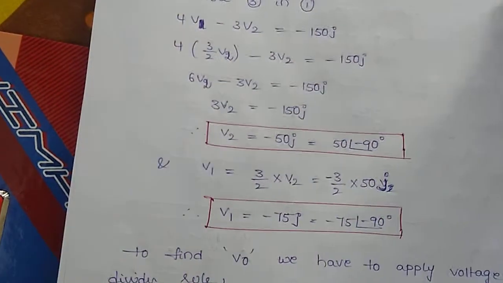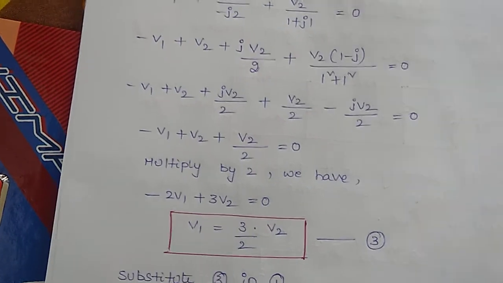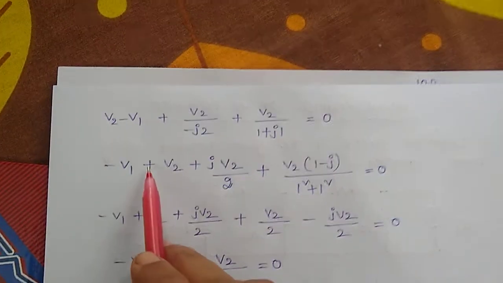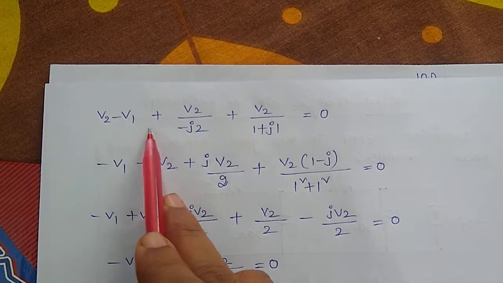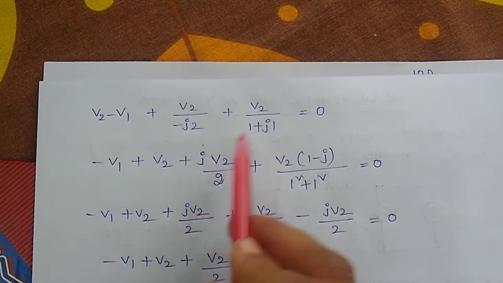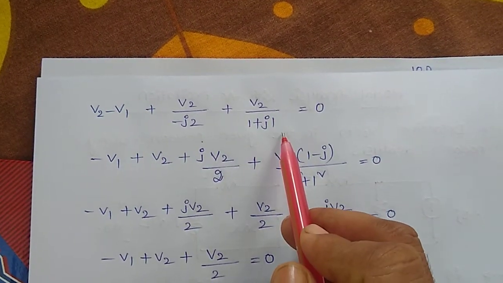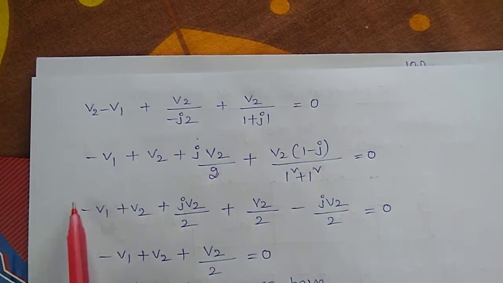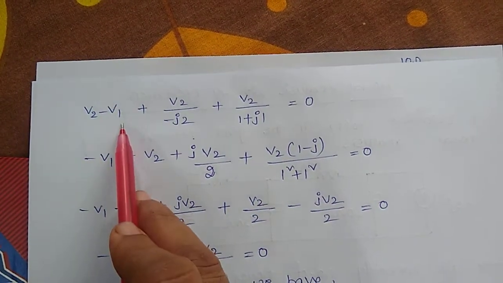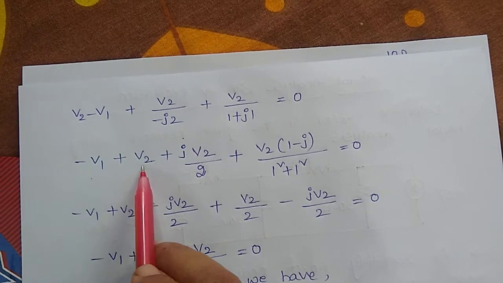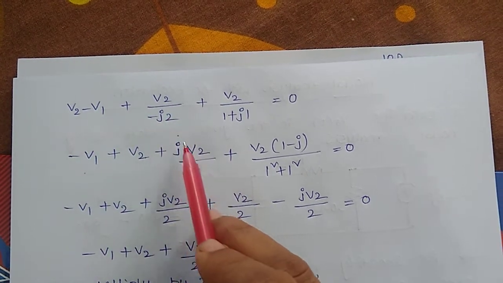Then I have the KCL equation like this. After multiplying the total equation by 10, I have V2 minus V1 plus V2 by minus J2, V2 by 1 plus 1J. So for simplification, I am rewriting this as minus V1 and this is V2 and V2 by minus J2.